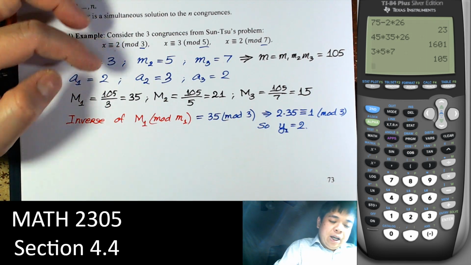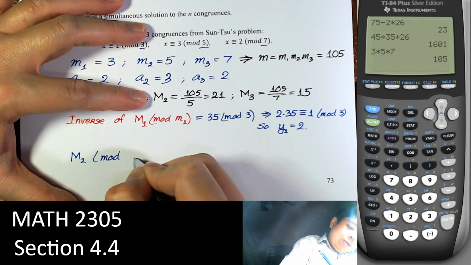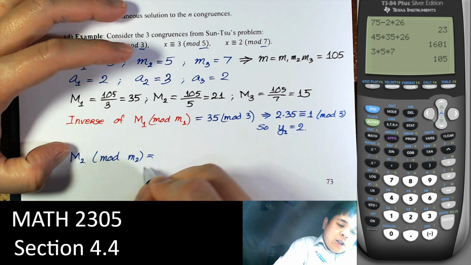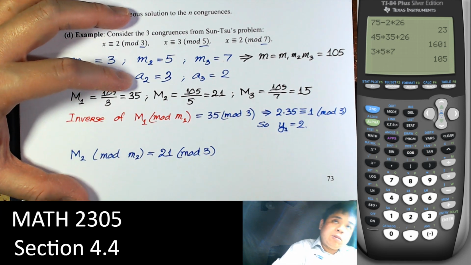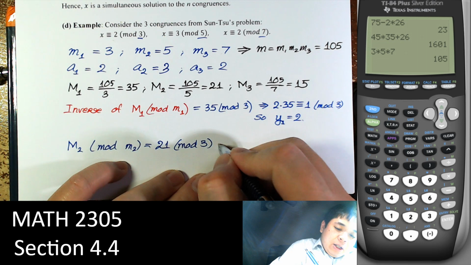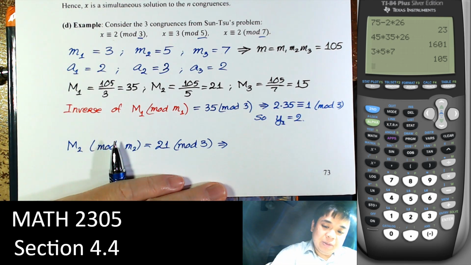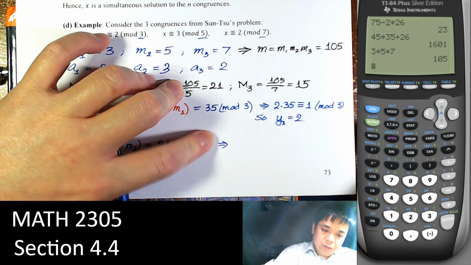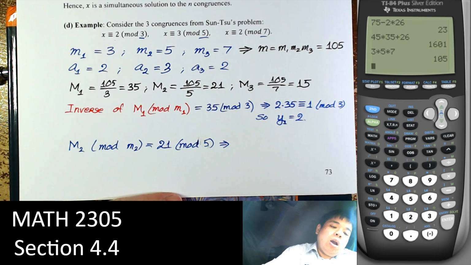Right, so we do the same thing. Now the inverse of M2 mod little m2, big M2 is 21 mod 5.